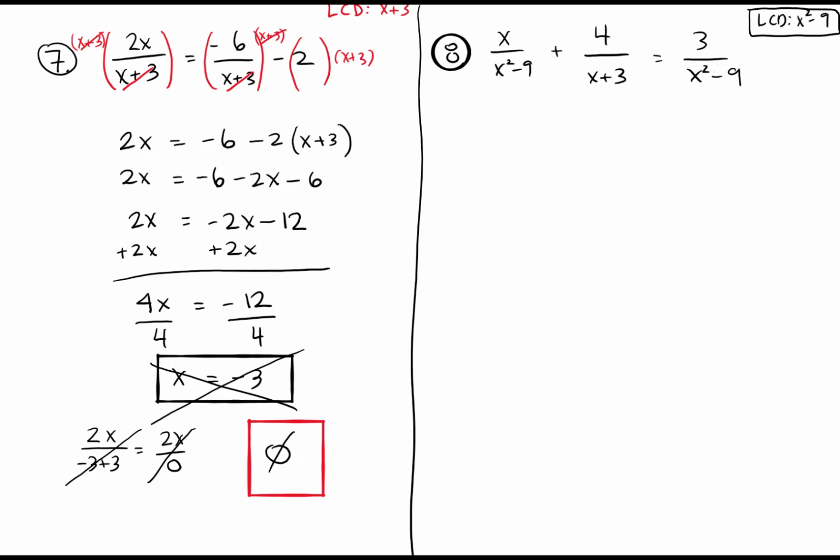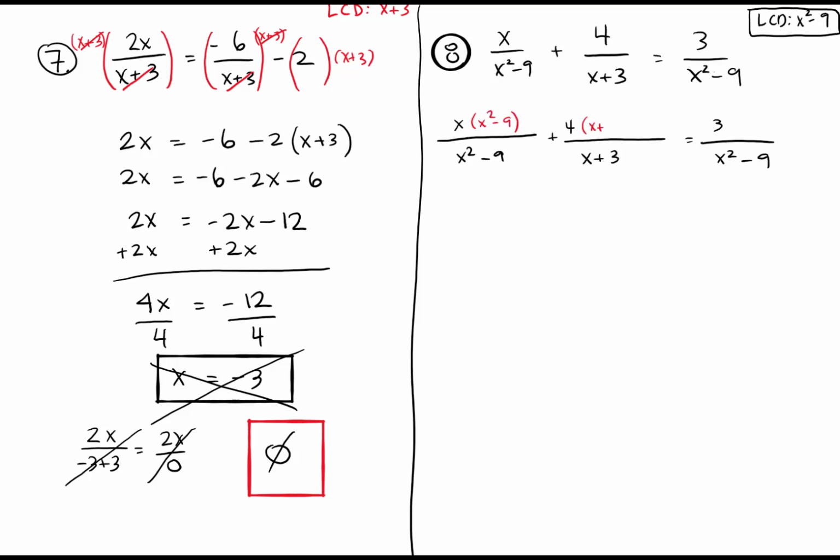So I'm going to rewrite this once. I'm just going to give myself some space to write that LCD in the numerator of all the fractions. And I'm sort of exaggerating my fractions. But I'm going to write the x squared minus 9 in the numerator.